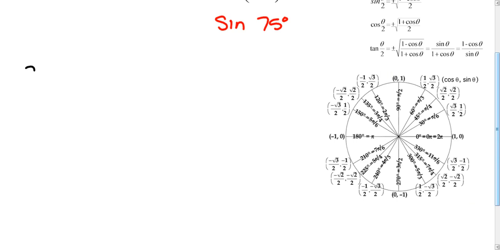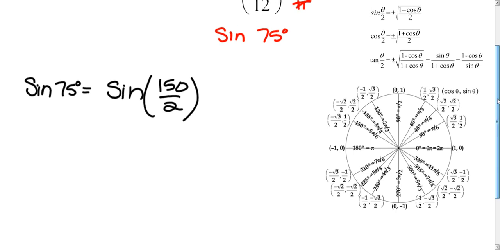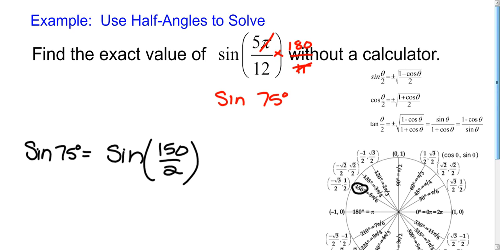So sine at 75 degrees is the same as sine at 150 divided by 2. And now you are able to use your half angle formulas, and 150 degrees is a spot that you have on your unit circle. 150 degrees is right here. It's something that I have.